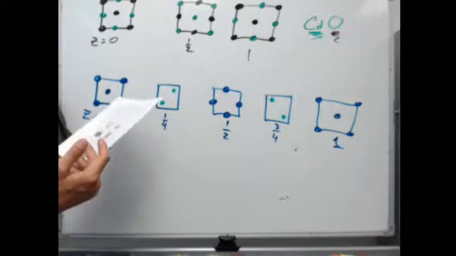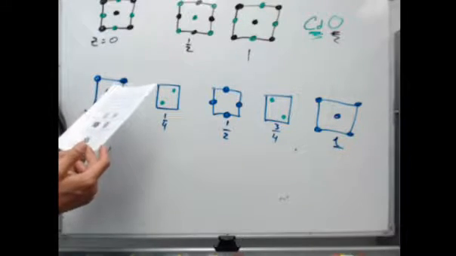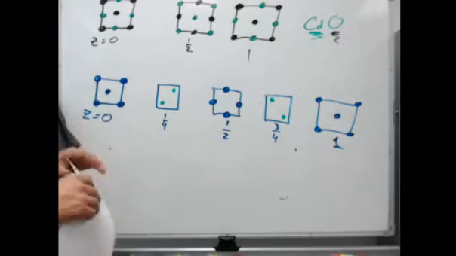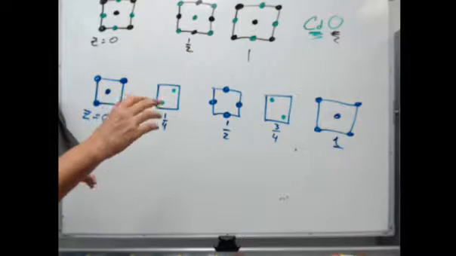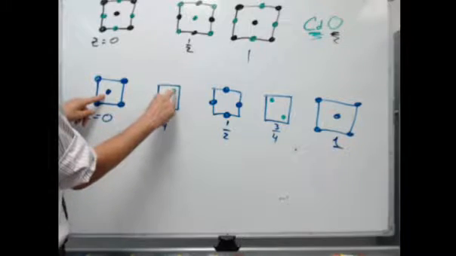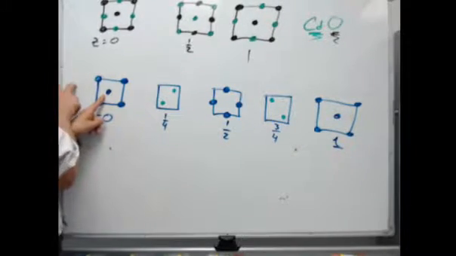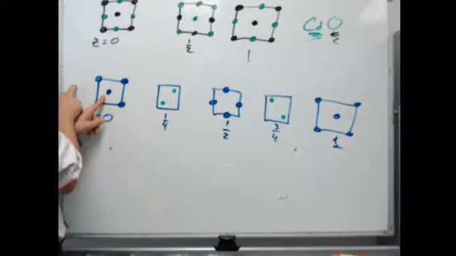Now I also have to do that with the selenium, which is challenging. But again, if I try to look at the extra dimensionality, if I look at this dot, I can see that I've got these 2 above it, and I would also have 2 more below it. So the coordination number would also be 4.